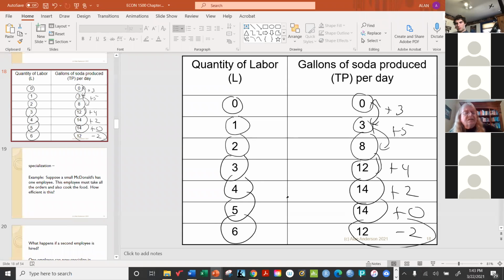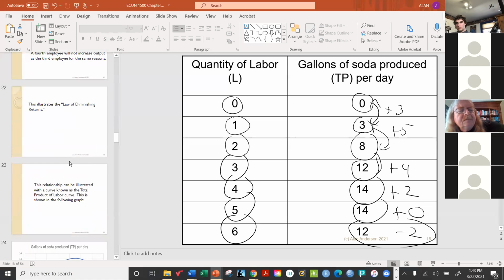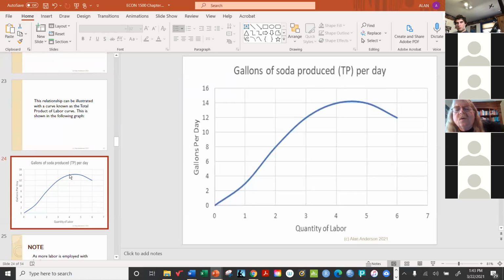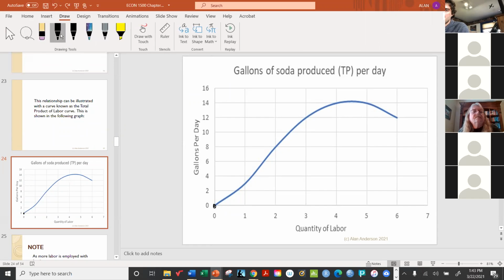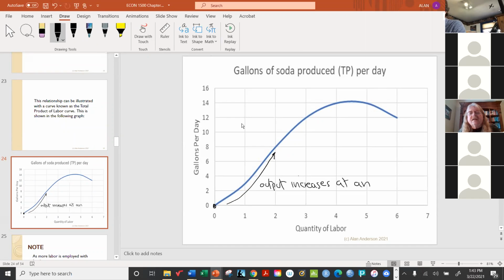All right, so what does this thing look like? This graph is called the total product curve. So what we're trying to show you is that initially there's no output, and then output increases. At first, output increases at an increasing rate.